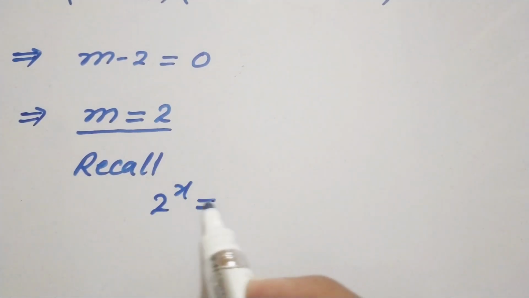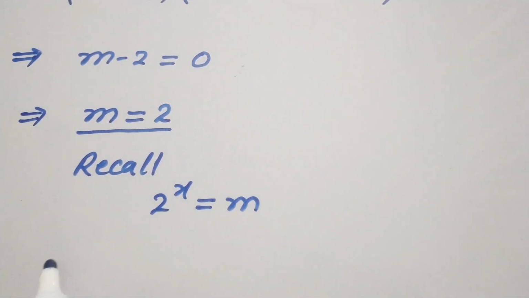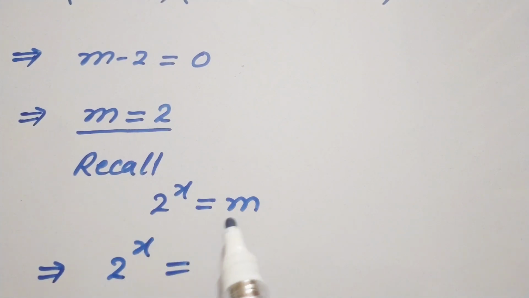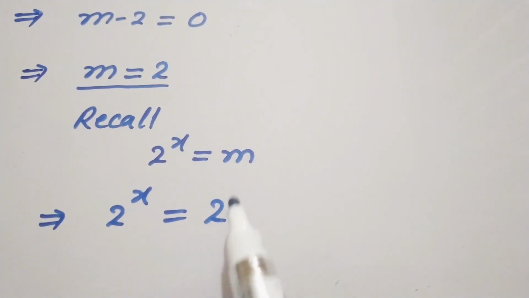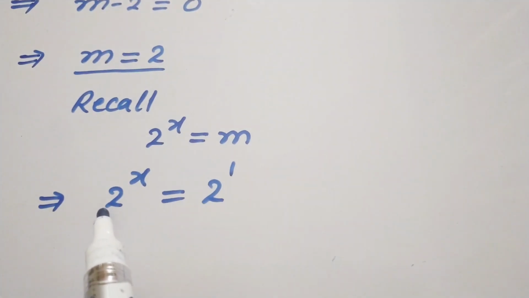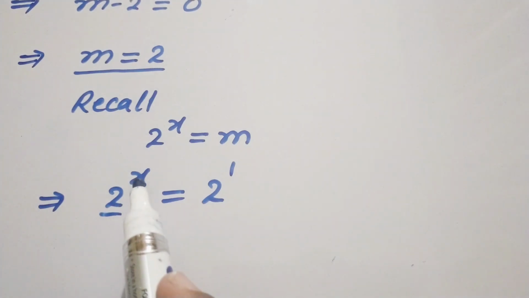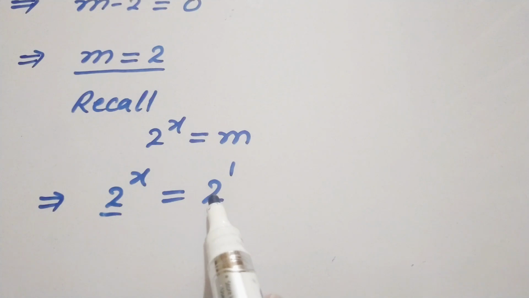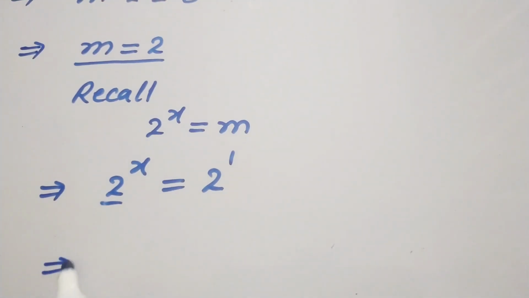Using the value of m, which is equal to 2, here 2 to the power 1. Now, if a power b is equal to a power c, then b is equal to c. So from this condition, x is equal to 1.